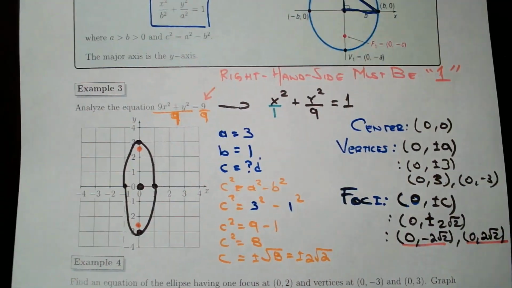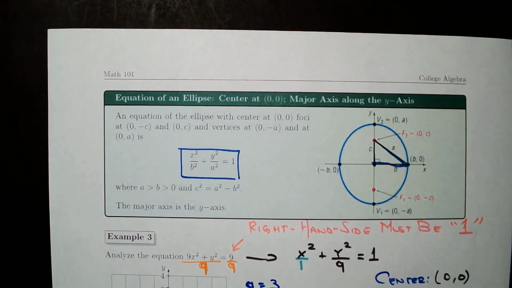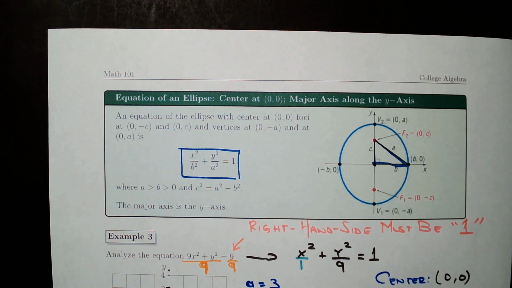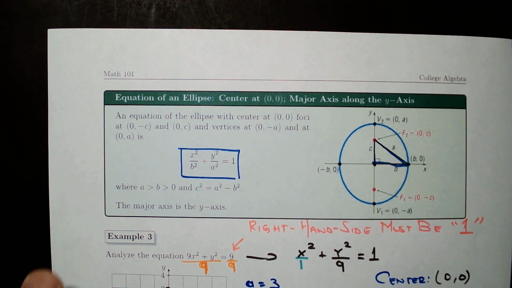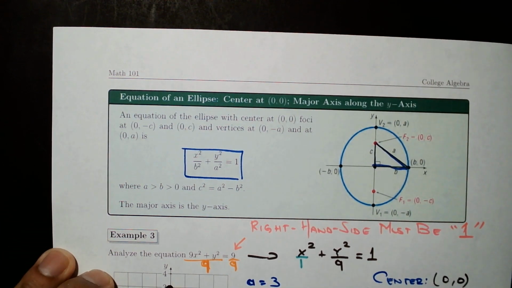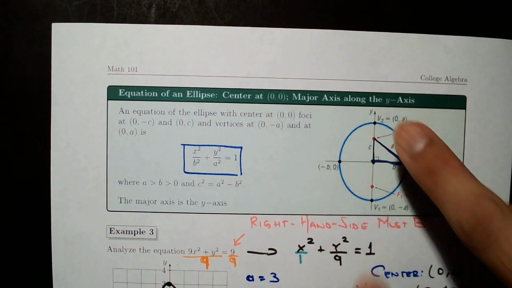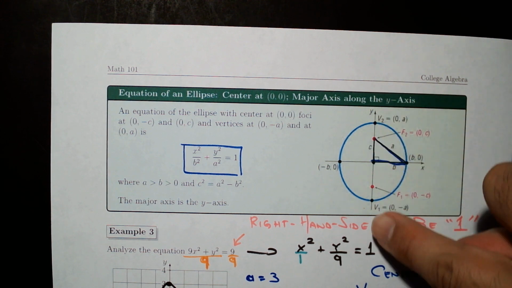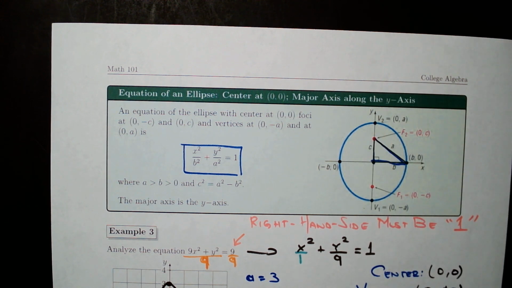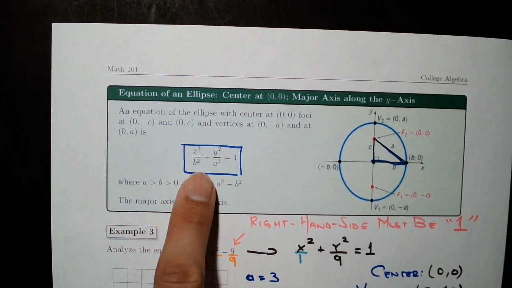In this case, ellipses that have center at the origin, but in this case they open up. Actually, the major axis is vertical, not horizontal. And now you can see a difference in the form of their equations.